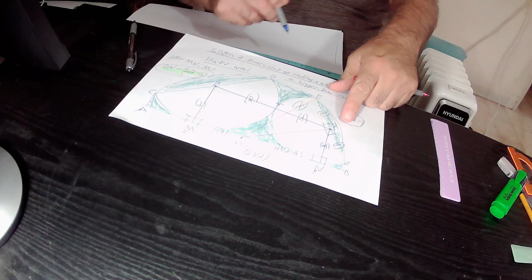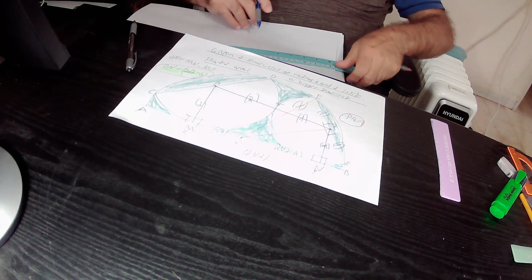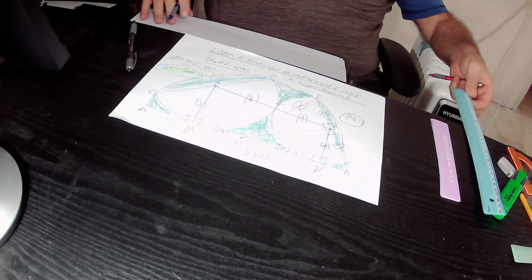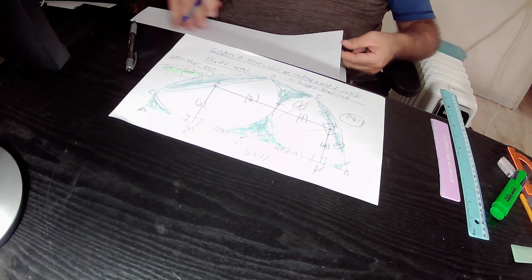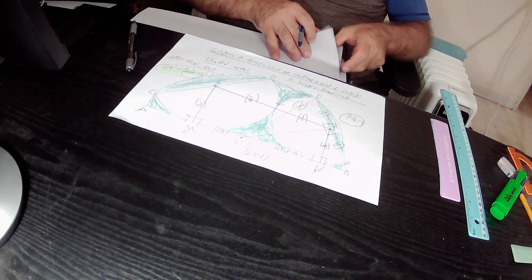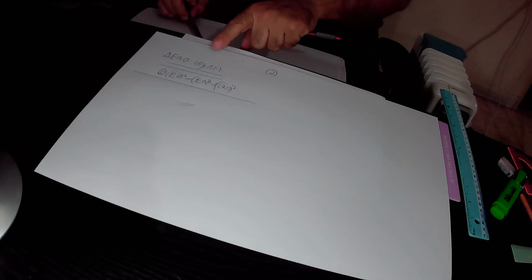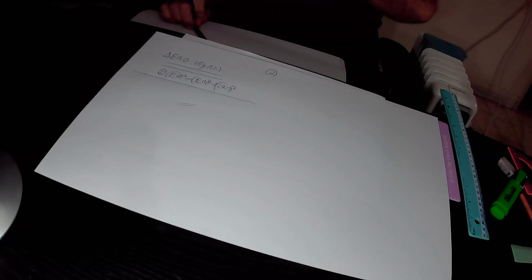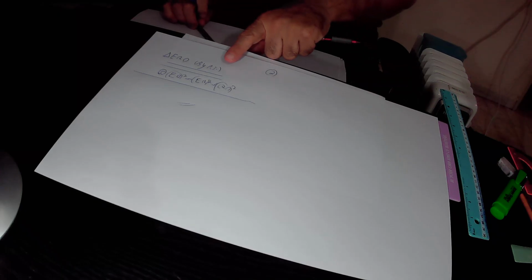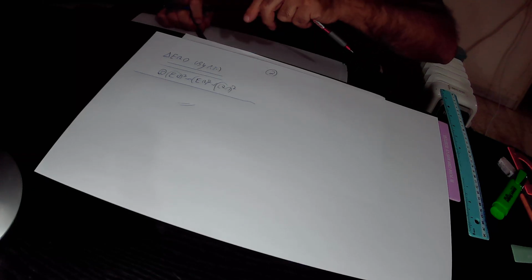And again, in this right triangle EQO, according to the Pythagoras theorem, the following equation is true: EO squared, that is the square of the hypotenuse, equals EQ squared plus QO squared.